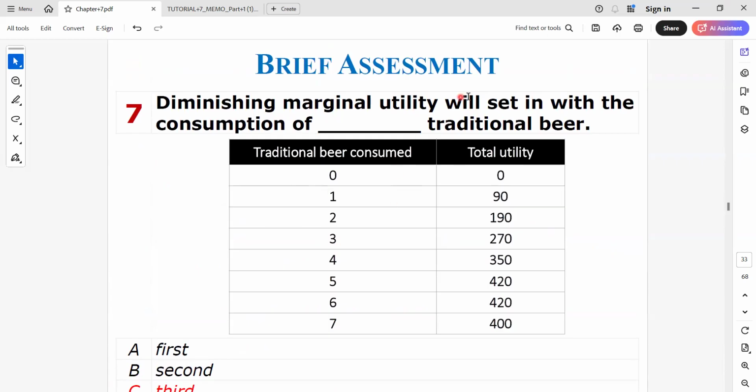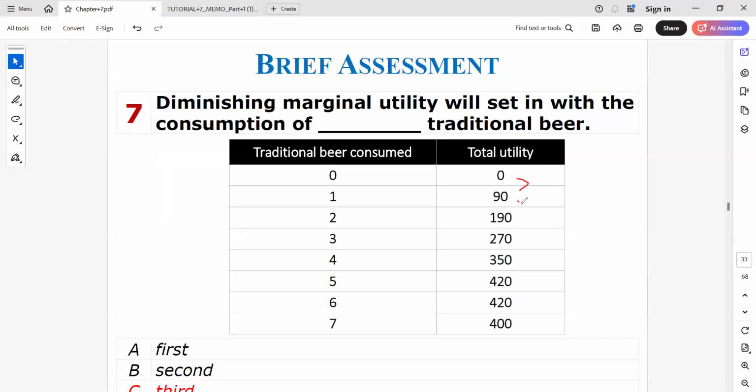Diminishing marginal utility will set in with the consumption of traditional beer. We say diminishing marginal utility occurs where your marginal utility is decreasing as you consume more goods or services. So let's calculate your marginal utility again.